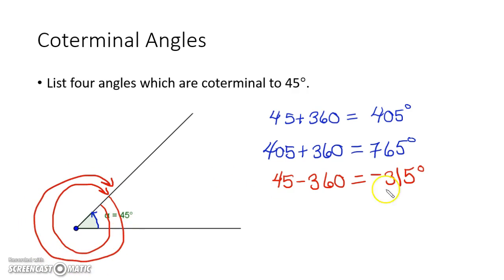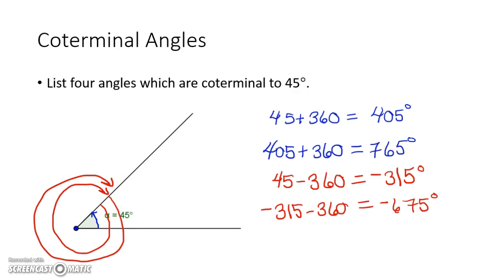We're not quite there yet, so let's do another rotation. Take that negative 315 and subtract another 360. We get negative 675. So here I've given you 4 angles which are coterminal to 45 degrees, or in other words, 4 angles which end at the same place 45 degrees does.